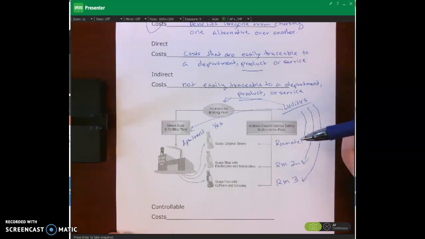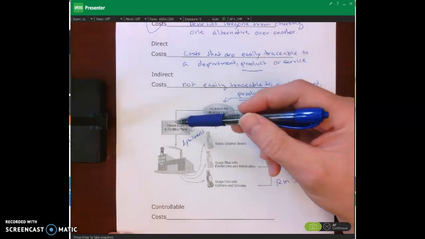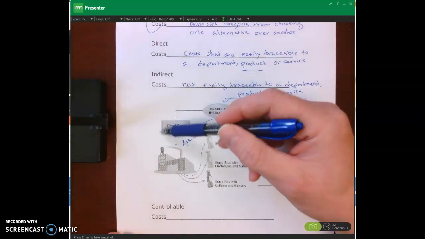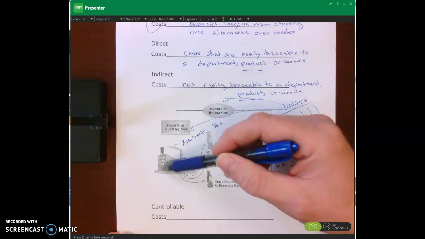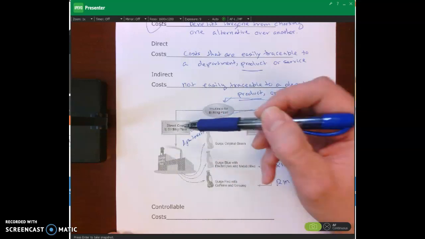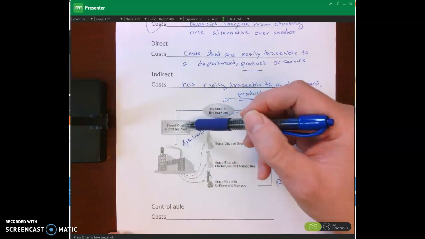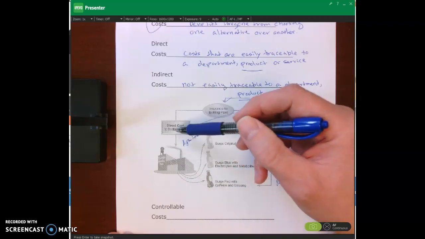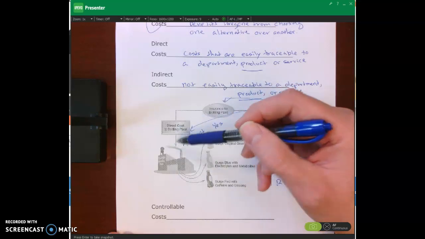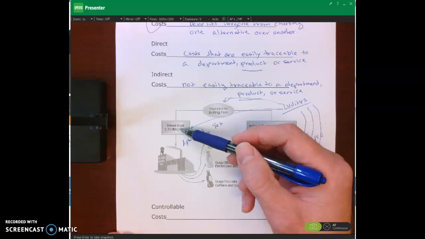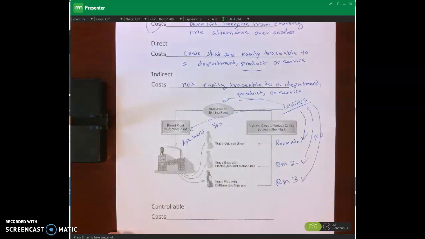In some other contexts, though, we could say it's direct to the plant. If we're thinking about getting rid of this plant, maybe selling this plant, that cost would be relevant to keeping or selling the plant, because if we get rid of the plant, we don't have to pay the insurance anymore.